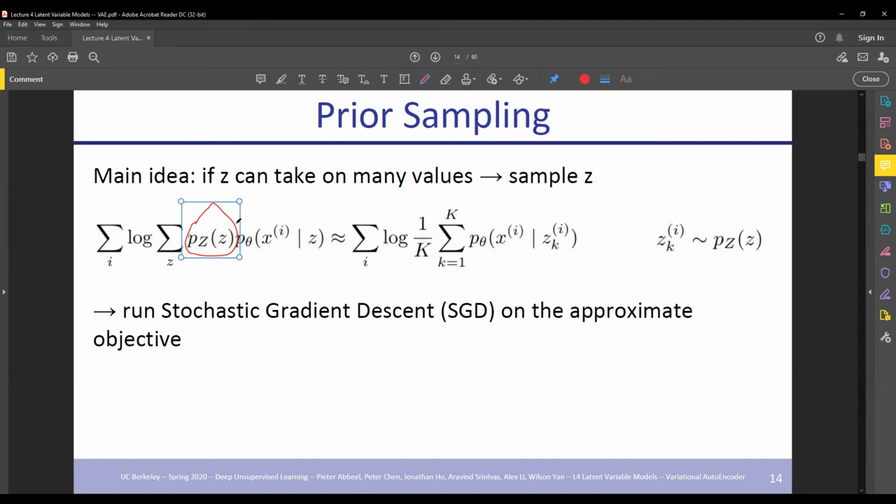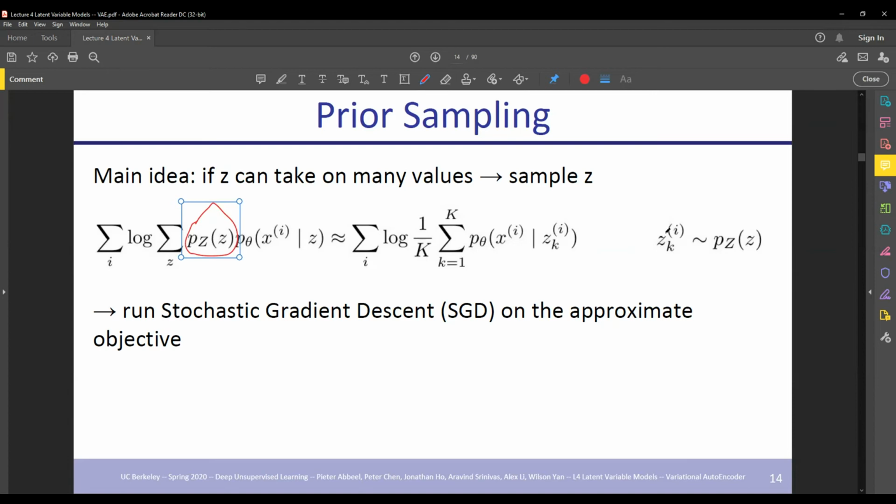In order for this value to be calculated, for each i, we take k samples, where k is from 1 to whatever we choose as the number k is, and then we normalize.